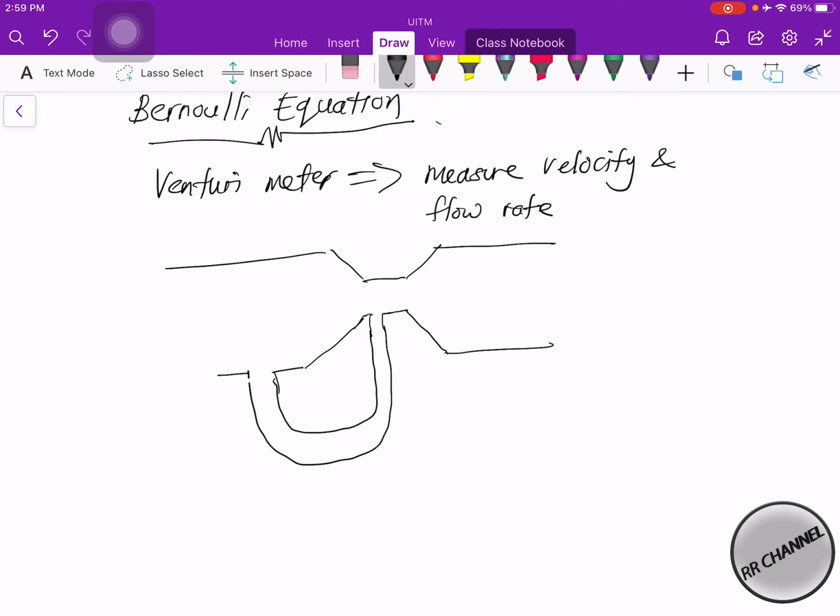Right, so this is the inlet. For example, we have diameter 1 here, and this is diameter 2.